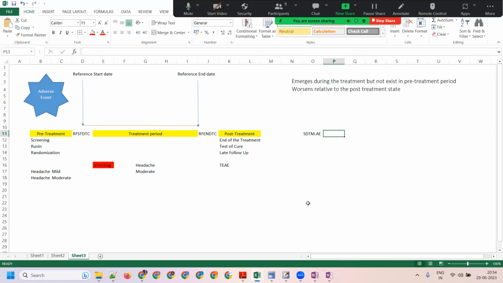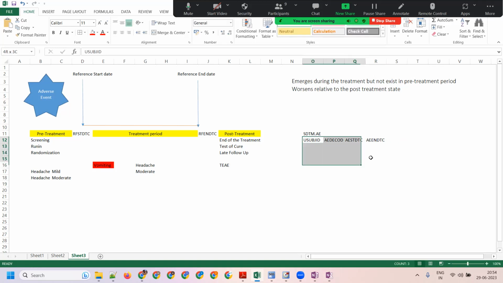Thanks for bringing this. For example, I have a unique subject ID. I can see there is going to be an AE term, which is your dictionary defined term. Then I have AE STDTC, the adverse event start date, and AE ENDTC, the adverse event end date. Only that information I have.